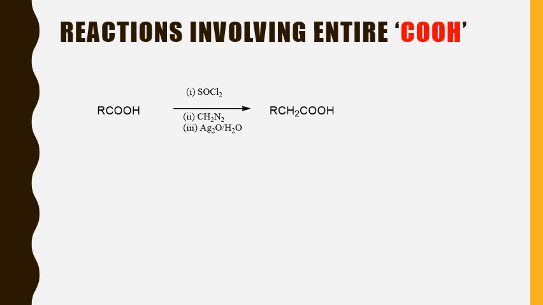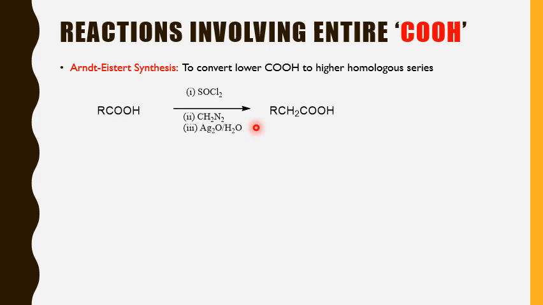And the next important reaction is, I forgot to say, the reaction with hydrazoic acid is called the Schmidt reaction. Anyway, we have discussed that in the previous class. The next reaction is the Arndt-Eistert synthesis. The importance of this reaction lies in the fact that it is a higher homologue preparation reaction where you can have N carbon to N plus 1 carbon synthesis.